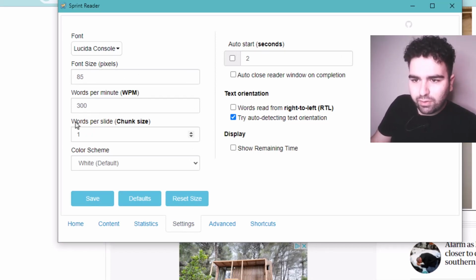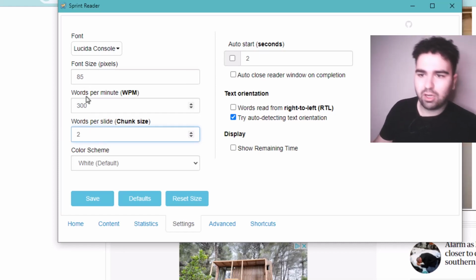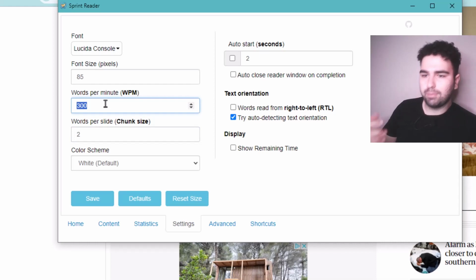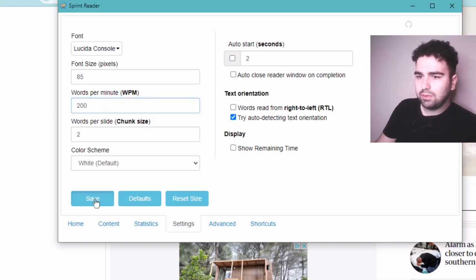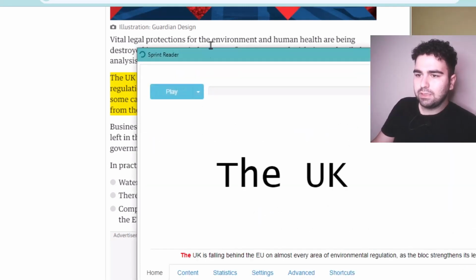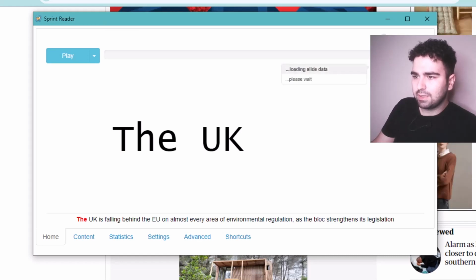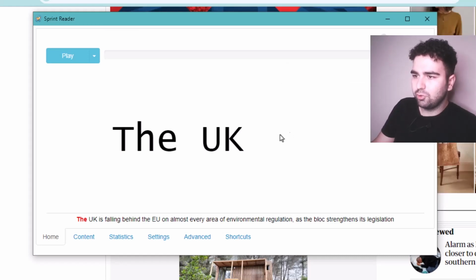So the thing that we want is words per slice should be changed to 2 or 3. I prefer 3. If you're slow at reading right now, you're a beginner, put it to 200, safe. Now Sprint Read the selected text. The words per minute is set to 200, and again you have 2 over there.